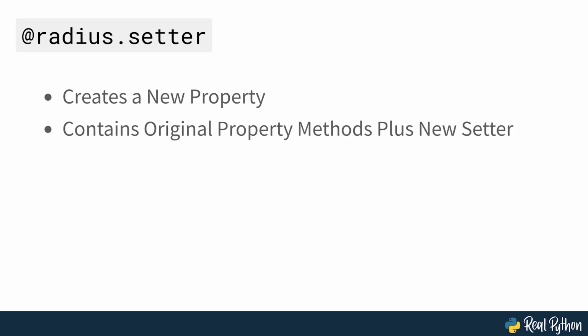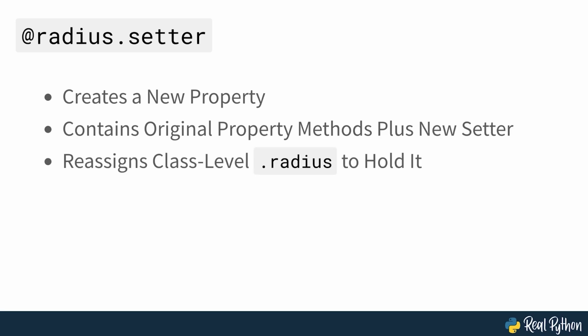When you decorate the second radius method with @radius.setter, you create a new property and reassign the class level name radius to hold it. This new property contains the same set of methods of the initial property with the addition of the new setter method. Finally, the decorator syntax reassigns the new property to the radius class level name.